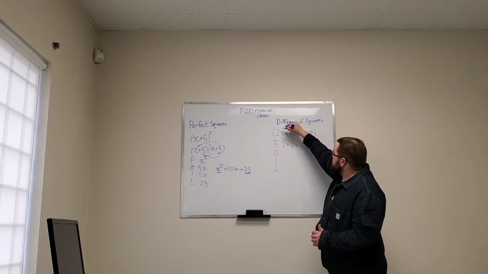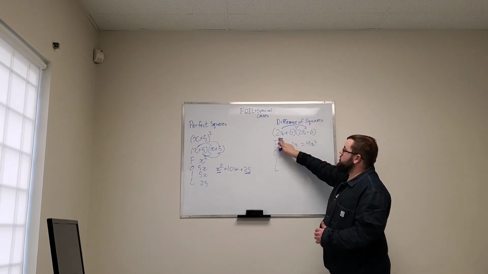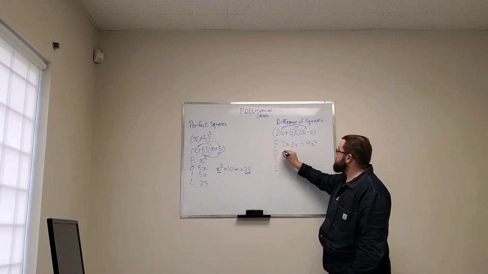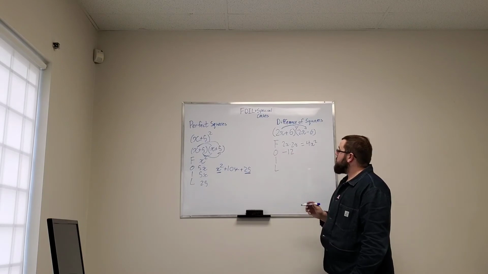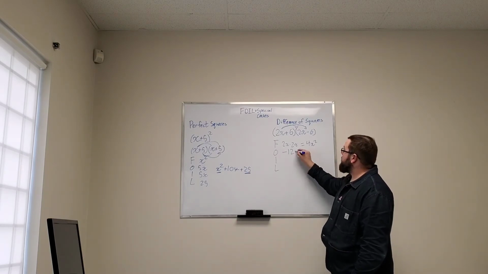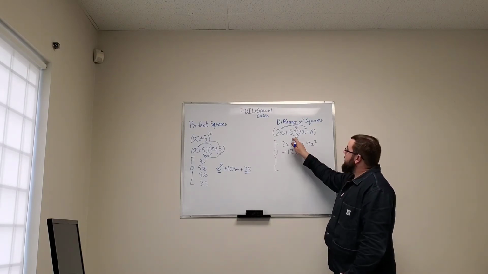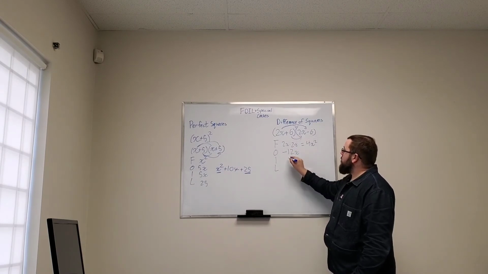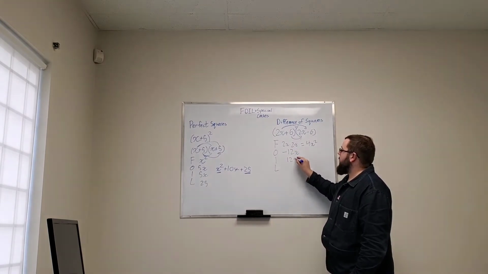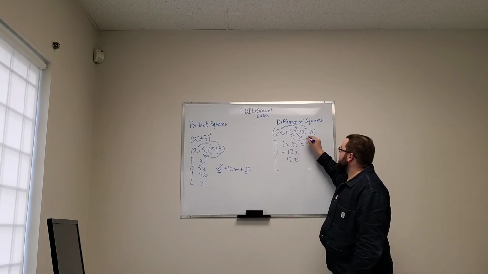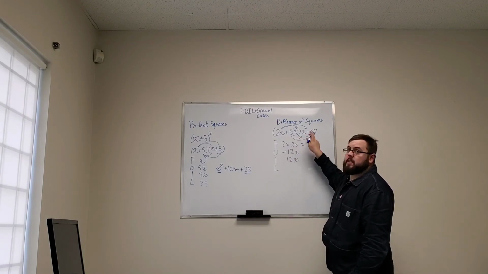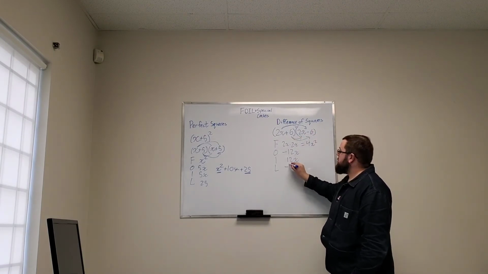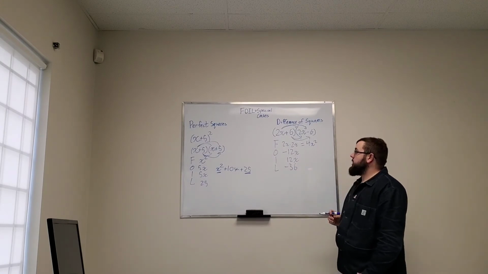Now outside, 2x times negative 6. 2 times negative 6 is negative 12x. Inside, we're going to get positive 12x. And our last term is going to be 6 times negative 6, which is negative 36.